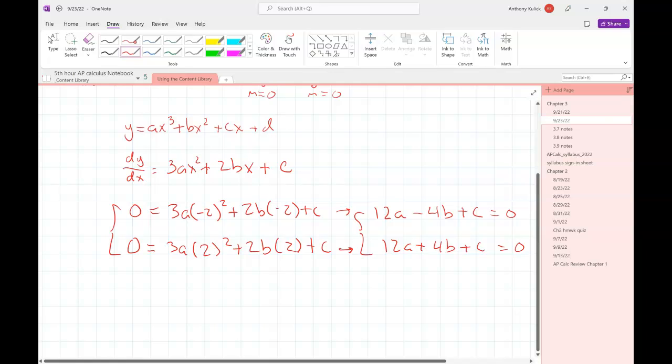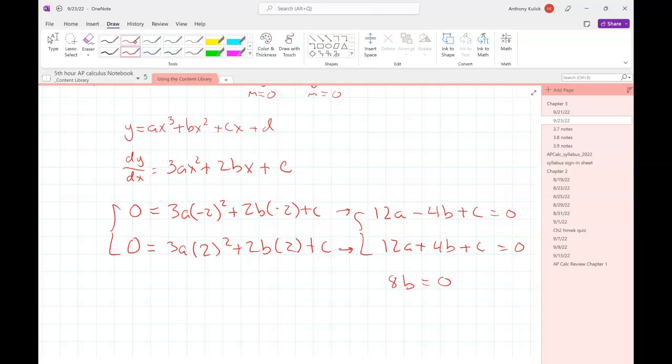So if I solve this system, if I just subtract the first equation from the second equation, I would get that 8b is equal to 0, or that b is 0. All right, so I have that. And then let's see, what else can I do with there?